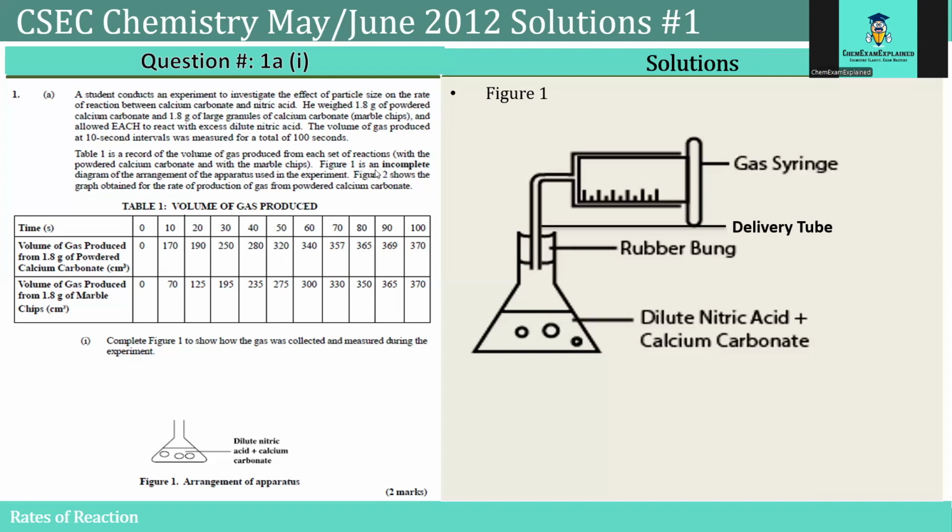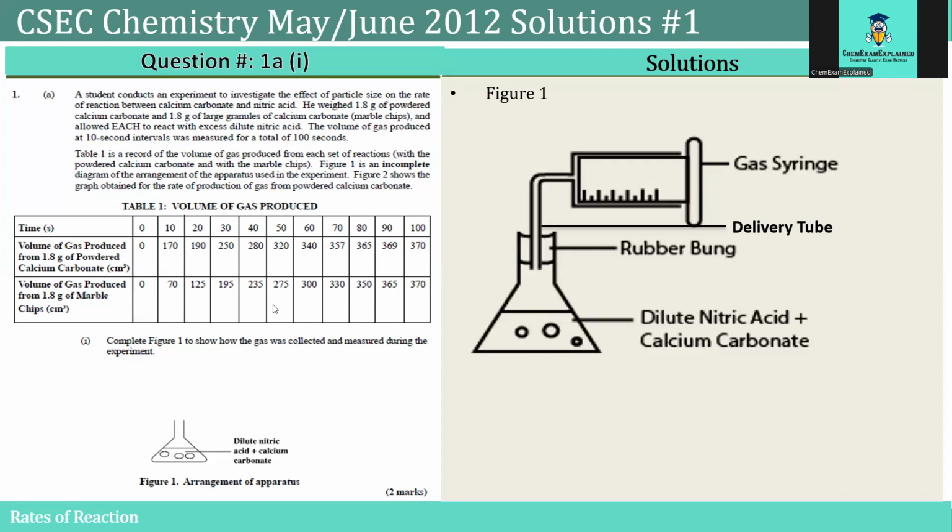Figure 1 is an incomplete diagram of the arrangement of the apparatus used in the experiment. Figure 2 shows the graph obtained for the rate of production of gas from powdered calcium carbonate.